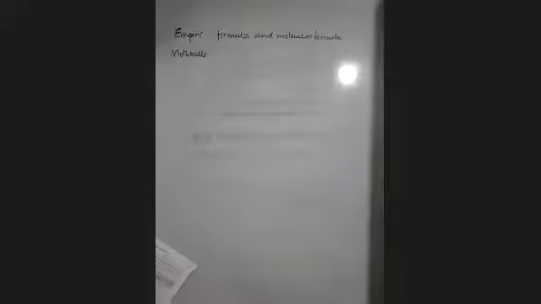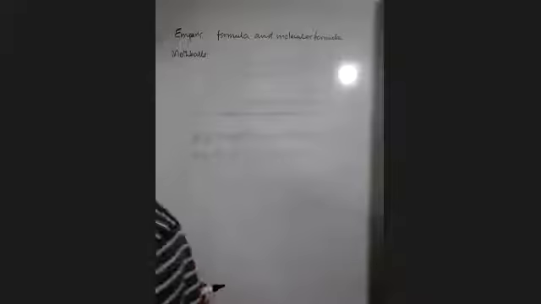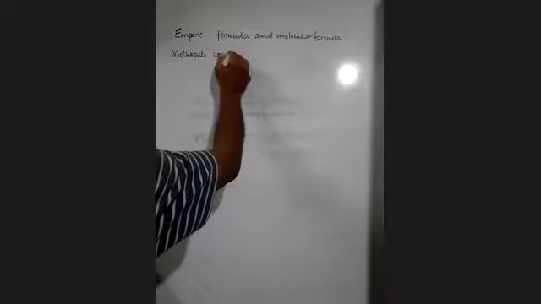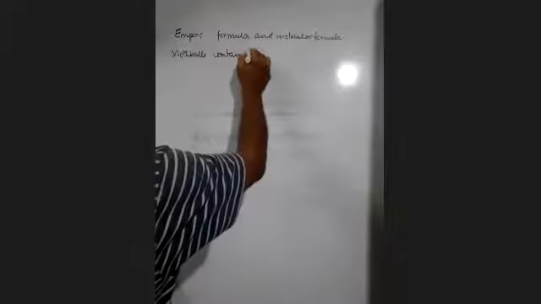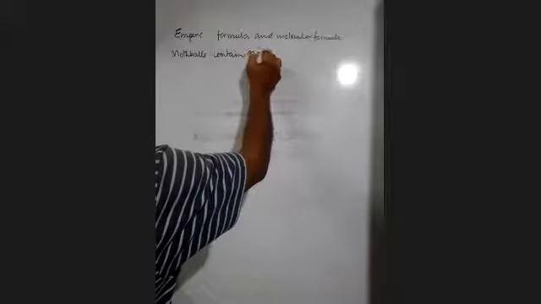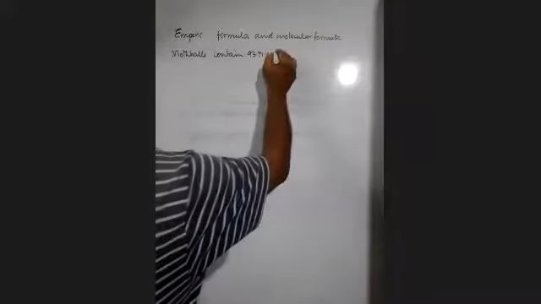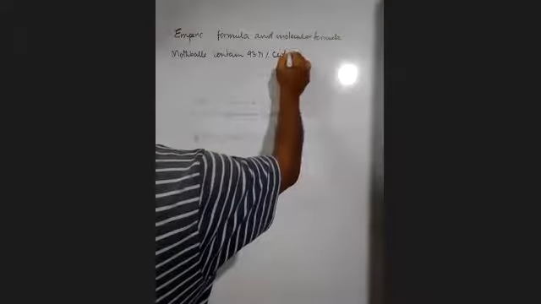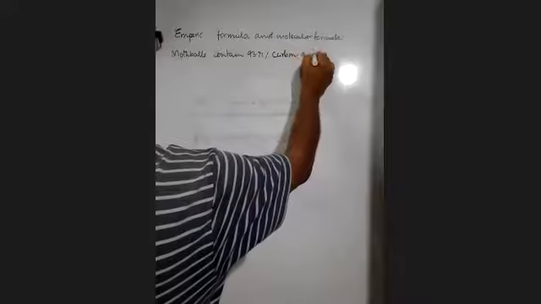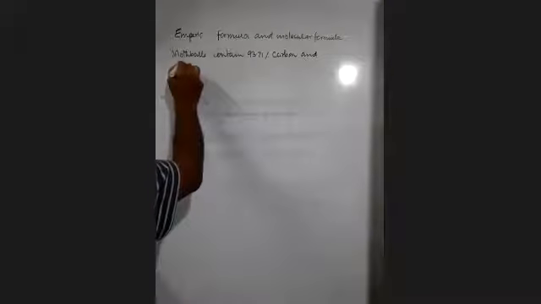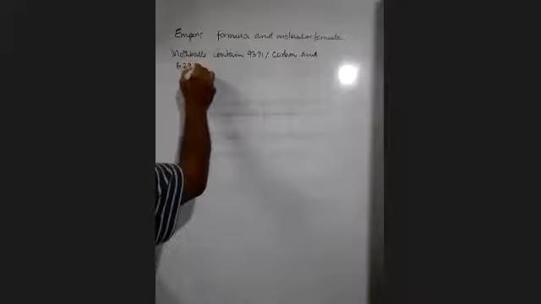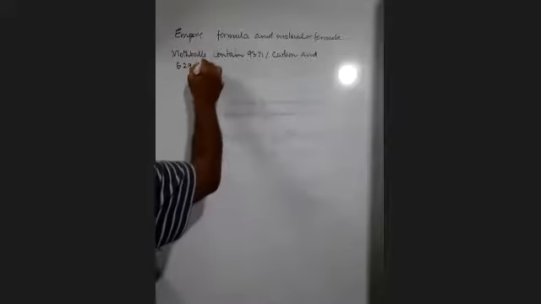We call it naphthalene. It contains 93.71% carbon and 6.29% hydrogen.